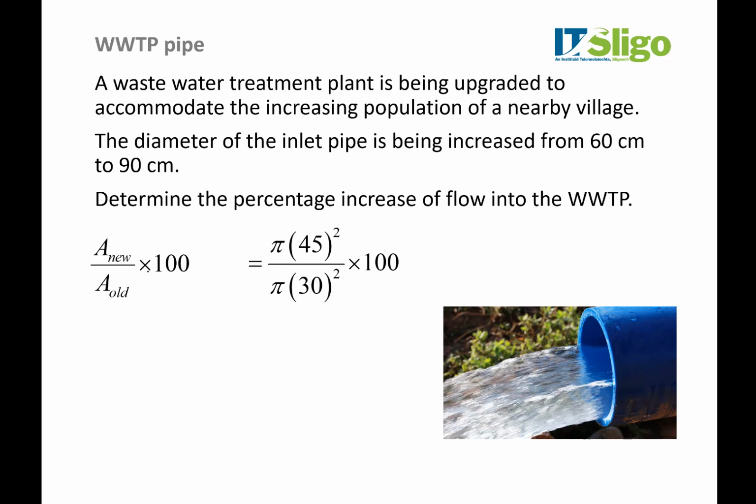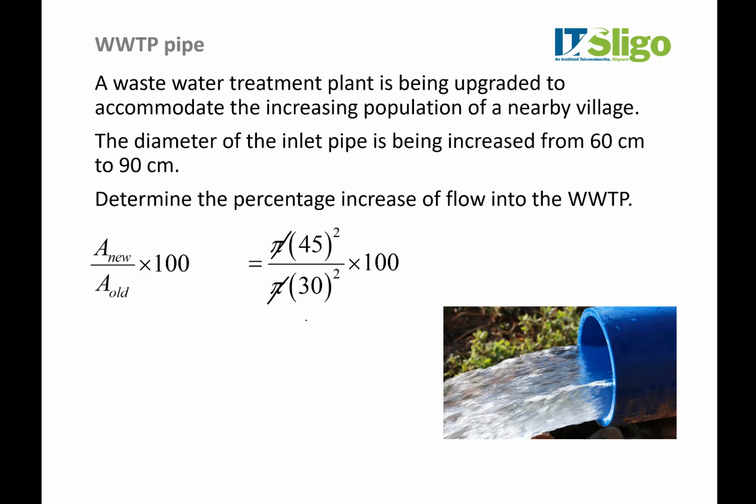Going into radiuses. You could actually keep the diameters in there because the ratio is still the same. So if you wanted, you could actually stick the old diameter and the new diameter, but I'm sticking with the formula, putting radiuses in. Again, guys, the pi will cancel out.